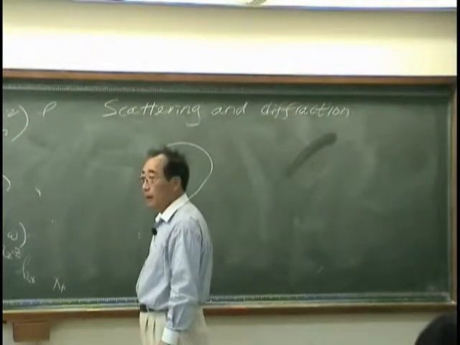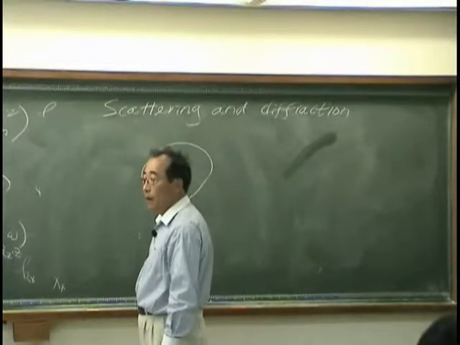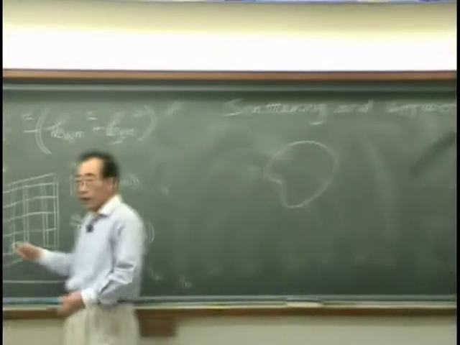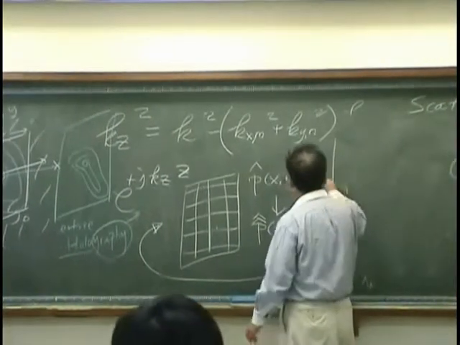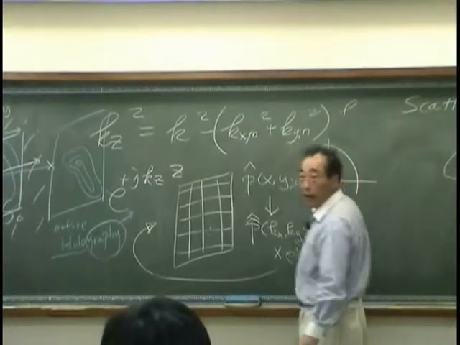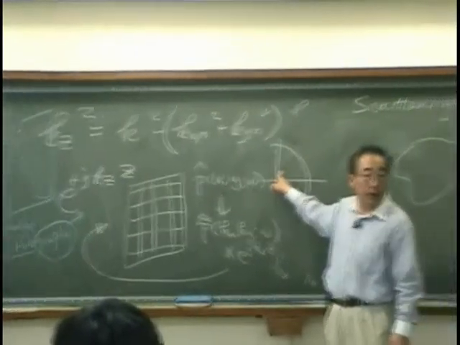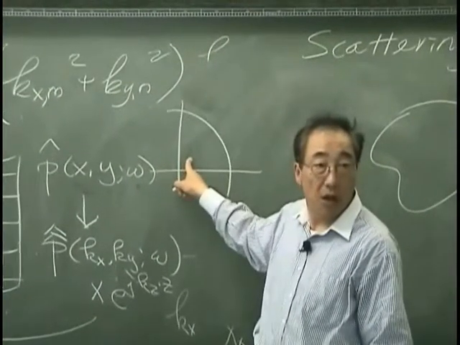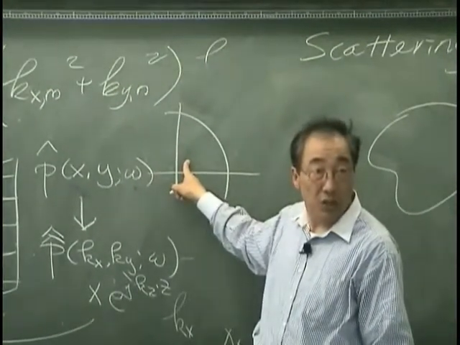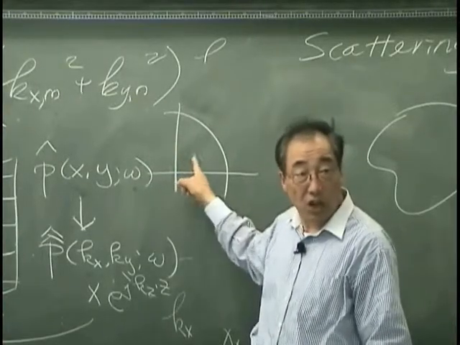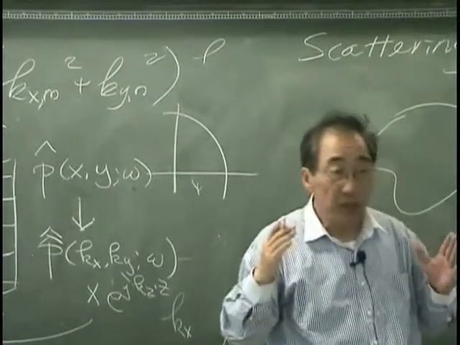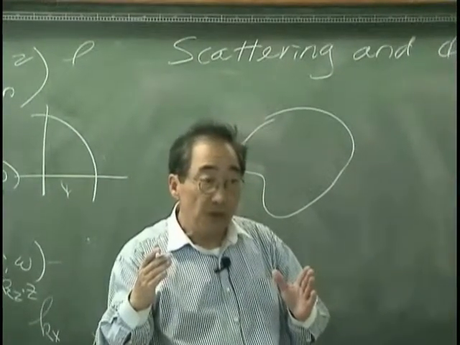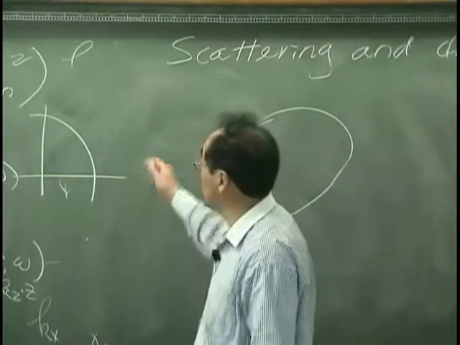One thing I missed for this case: the good radiation occurs over here, and that means the wavelength is large compared with the size of the plate.